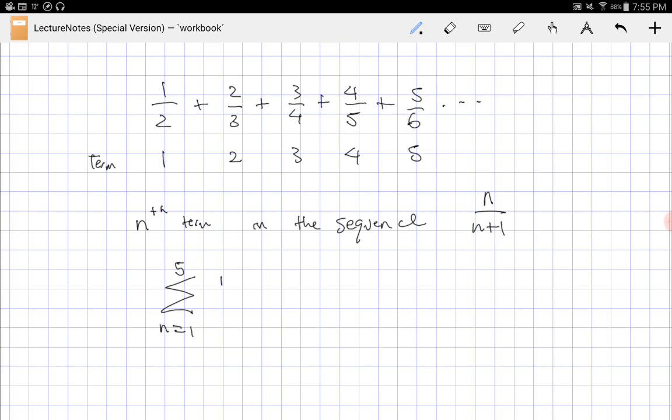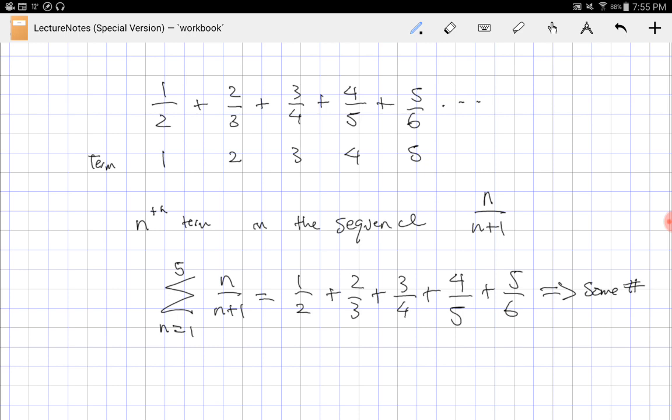And so then we can call this n over n plus 1, and this is equal to exactly 1 over 2 plus 2 over 3 plus 3 over 4 plus 4 over 5 plus 5 over 6. And this is equal to some number.